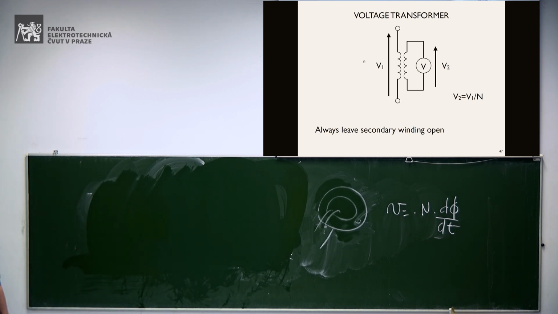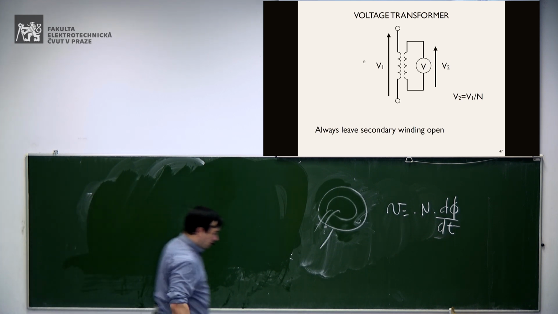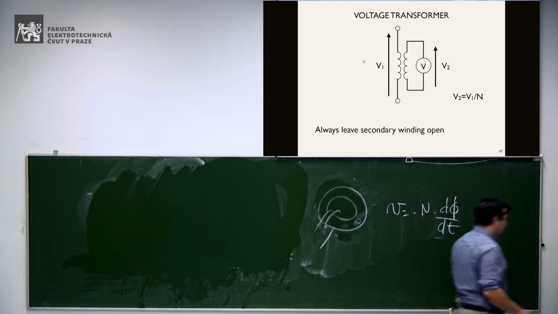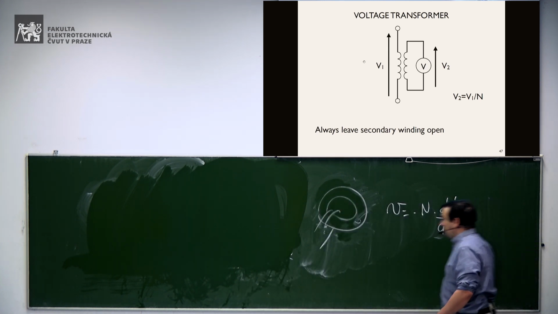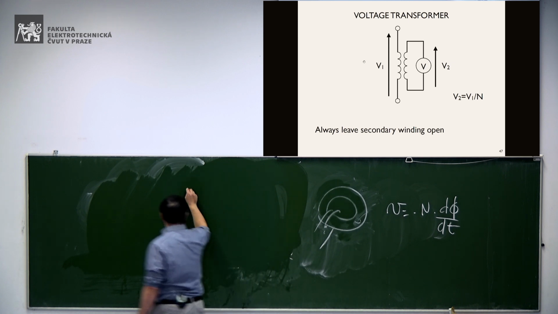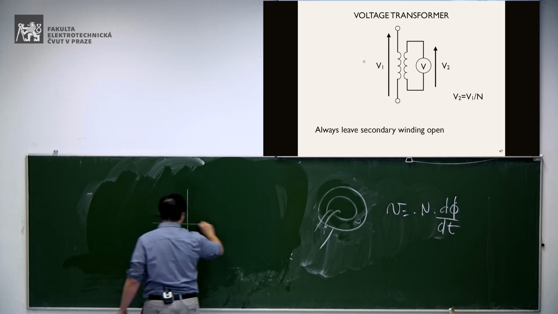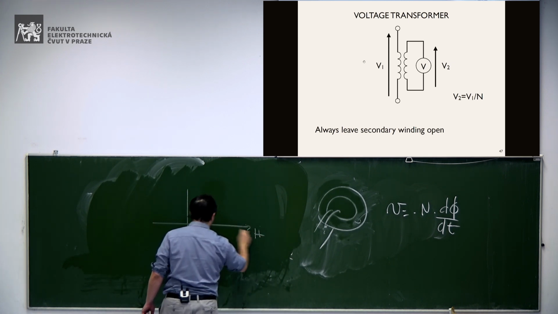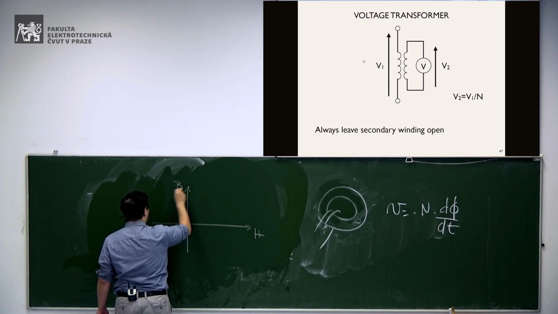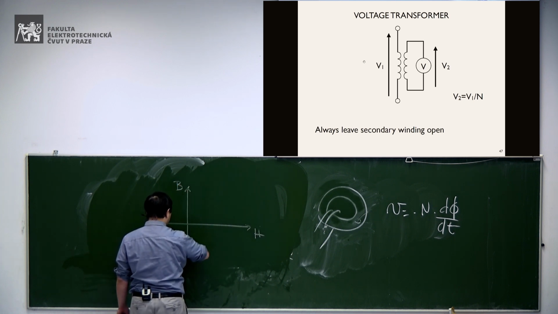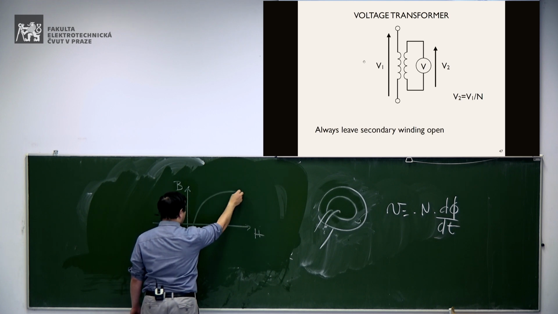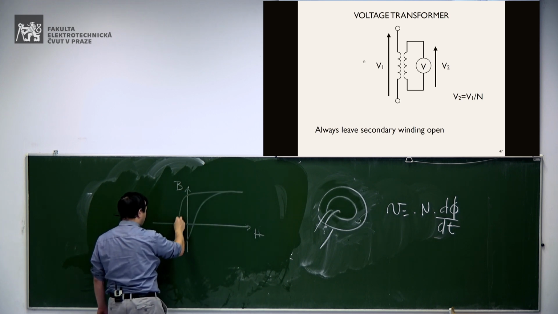The ferromagnetic core is not ideal, okay? Any ferromagnetic material is based on a BH curve, which eventually goes into saturation.